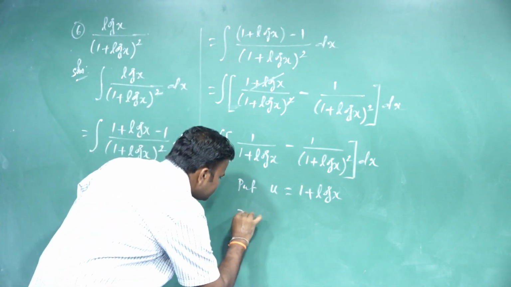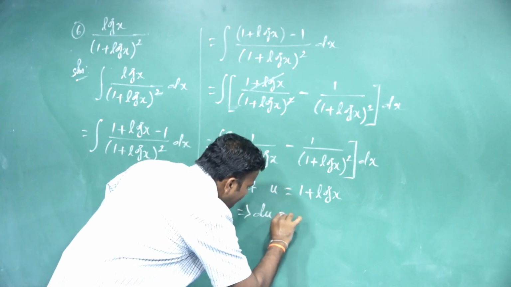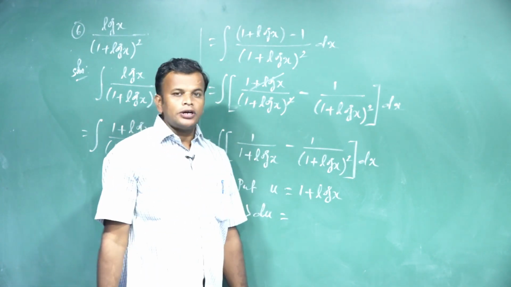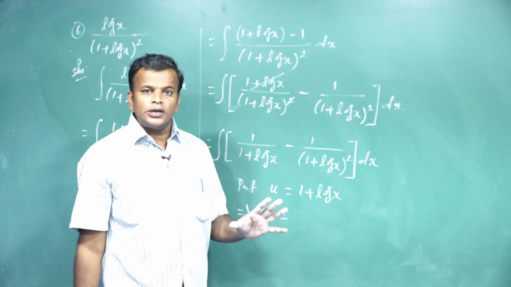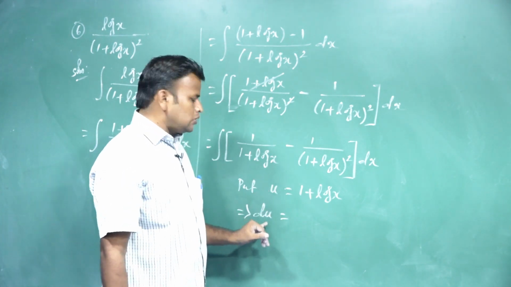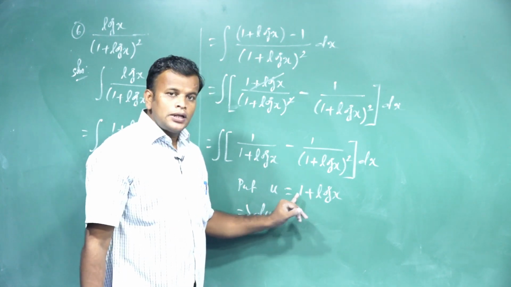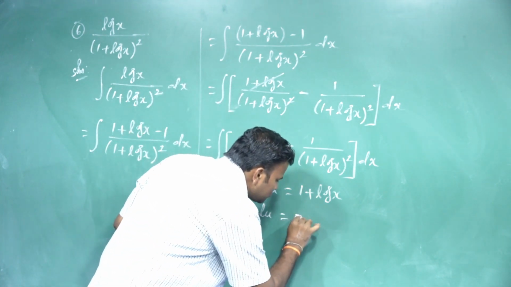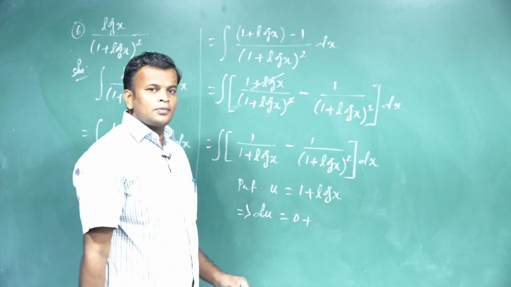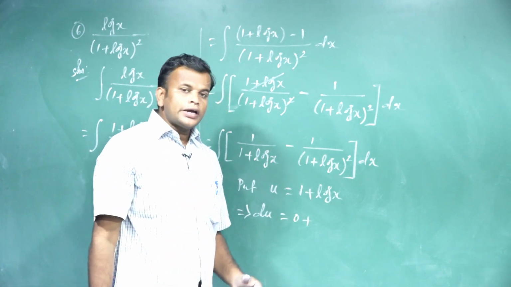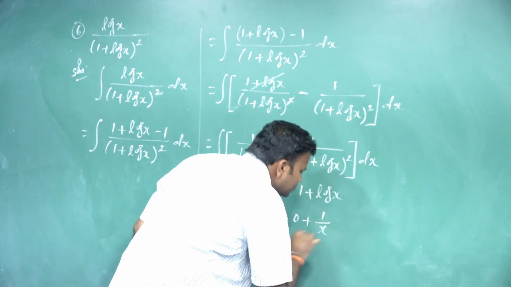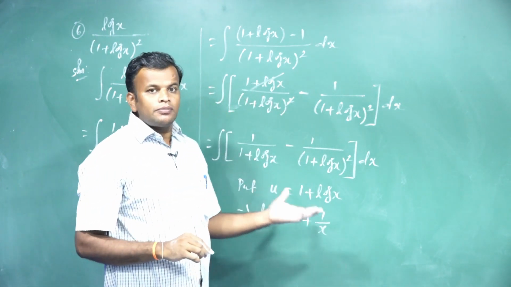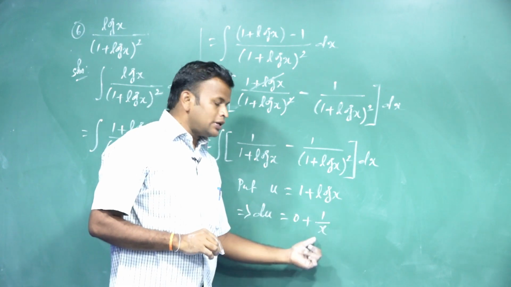The next step: du. We already told what is the difference between u and du. Du means taking the differential only. So the differential of u is du. Here, the differential of the constant 1 is 0. Plus, the differential of log x is 1 by x.